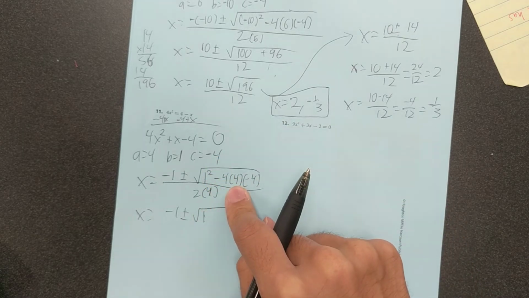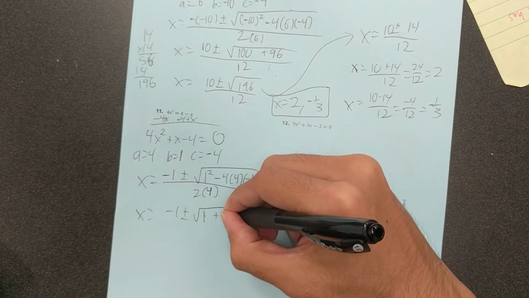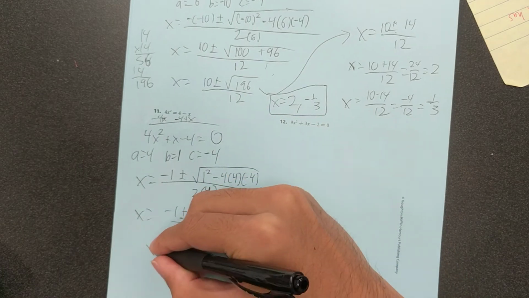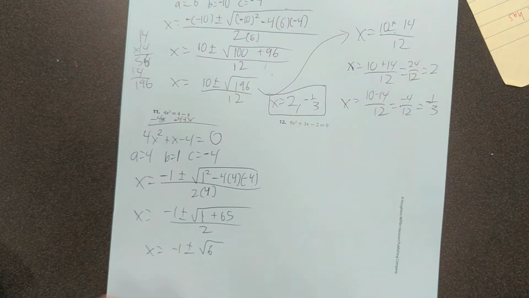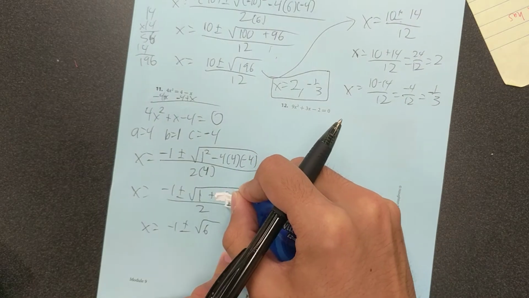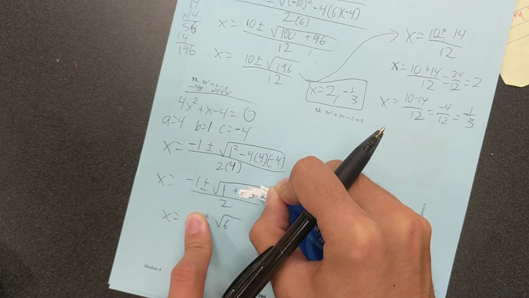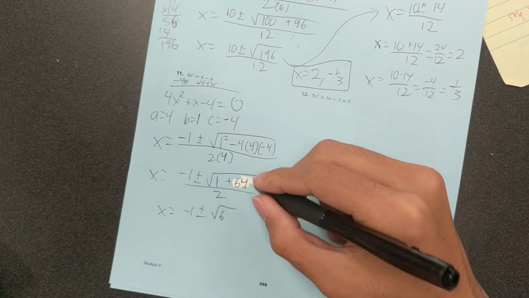Negative 4 times 4 is 16, times negative 4 is positive 64. Oh sorry, I said 65 but that's 64. Okay, so then 1 plus 64 is 65.